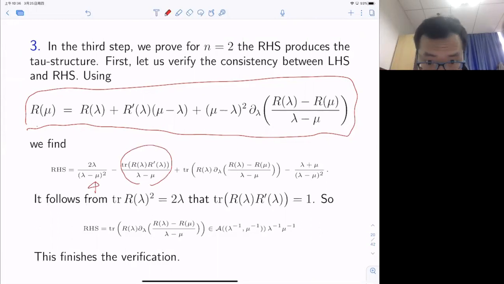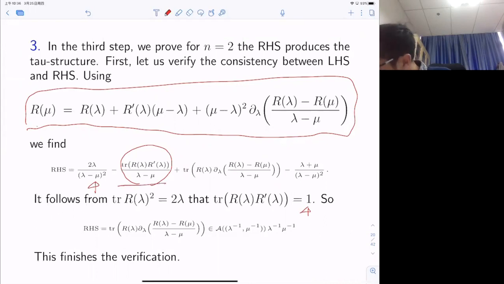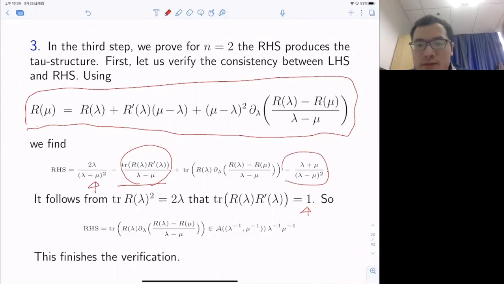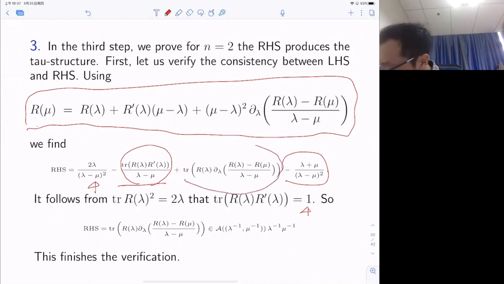If you differentiate and use the invariance of the trace, trace AB equals trace BA, you get trace of R prime equals 1. So it cancels with the first term together with the last term. If you combine the first term with the second term and the last term, they cancel. So the only remaining term is this one.